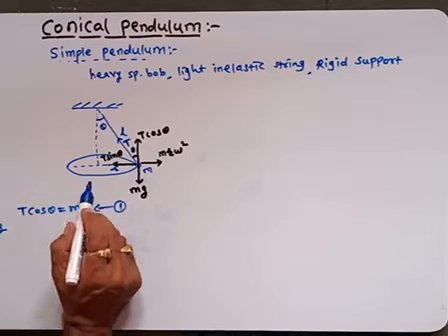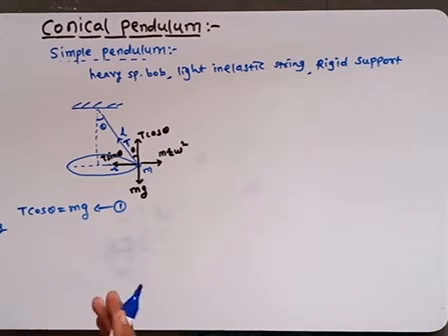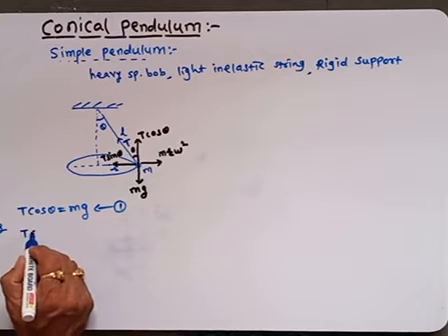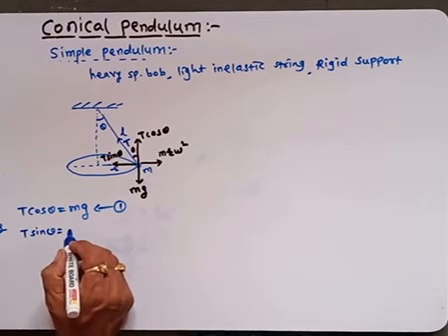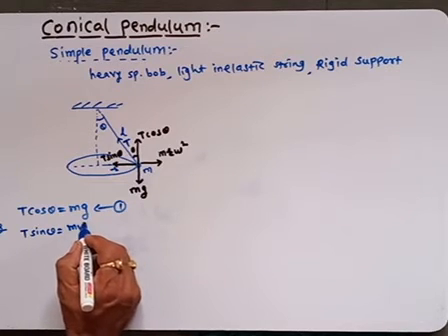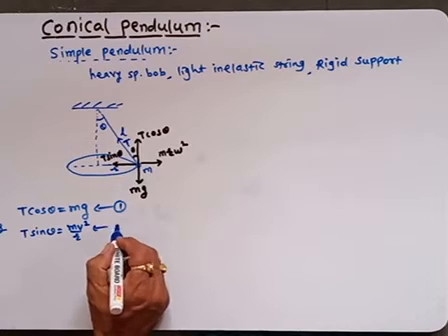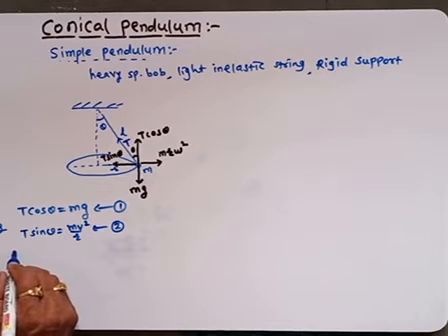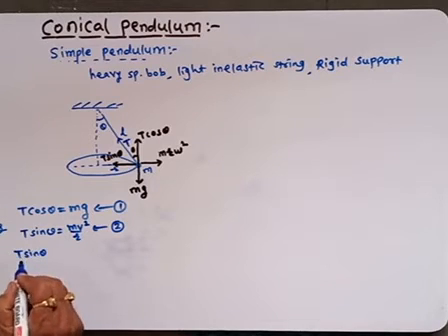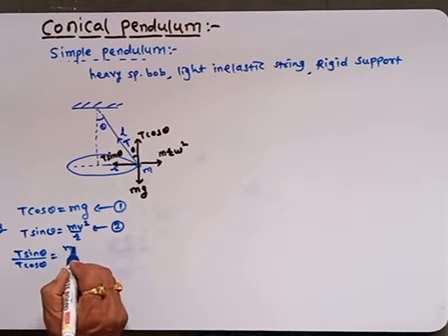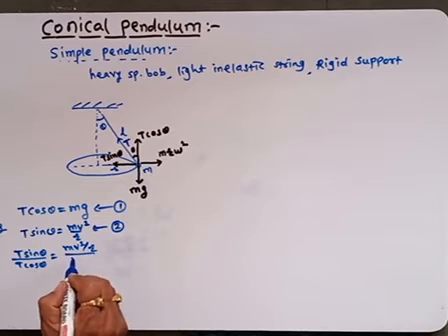And T sin theta is the unbalanced component, which pulls the bob towards the center, and this is balanced by the centrifugal force. We write T sin theta is equal to m r omega square, or in terms of v, m v square upon r. Suppose this is equation number 2. Now dividing equation 2 by equation 1, we get T sin theta upon T cos theta is equal to m v square upon r divided by mg.